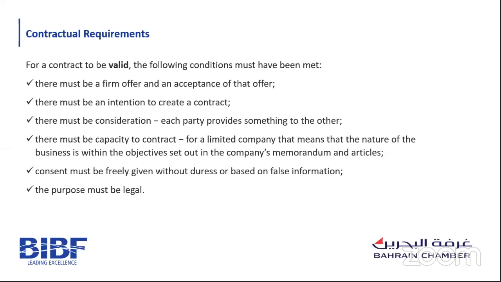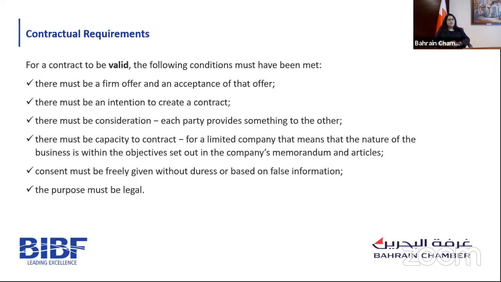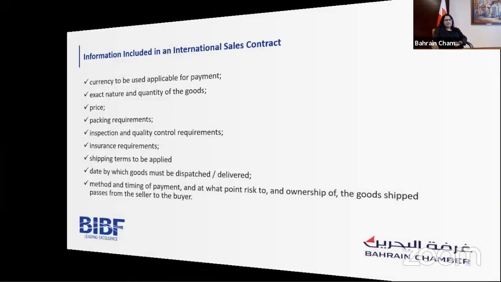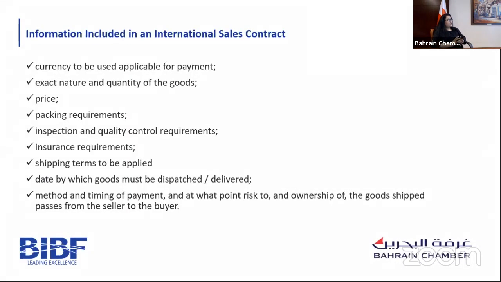You should know the set out rules as per the contract. The consent must be freely given. It should not be under duress or based on false information. And the purpose of your contract must be legal. So when you are signing a contract, make sure that you have all this information in your sales contract.